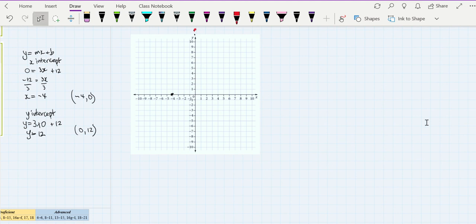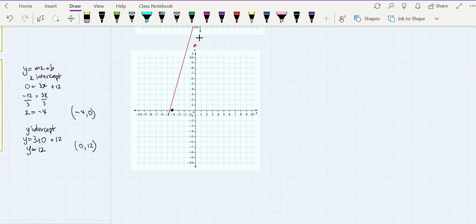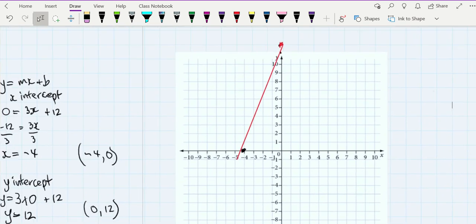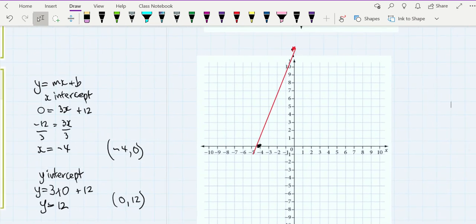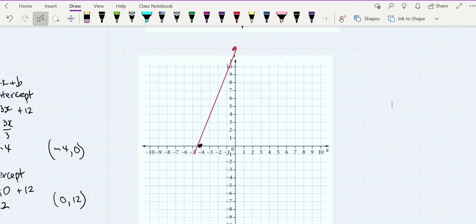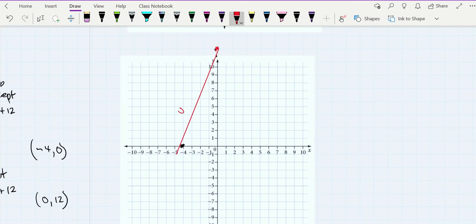That's just eyeballing it. It'd look a bit like that. I should have got a graph that had more values on it, but it's doing the job at the moment. And we're just going to write in our relationship, y equals 3x plus 12.